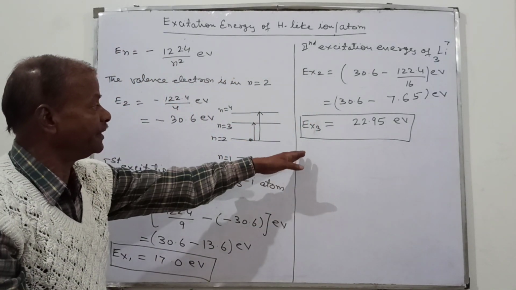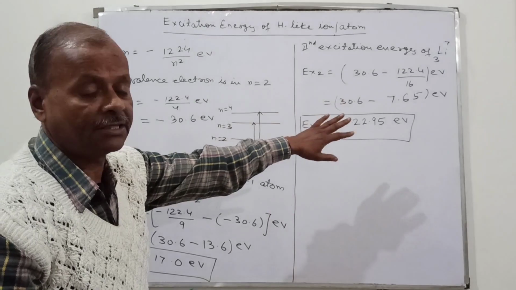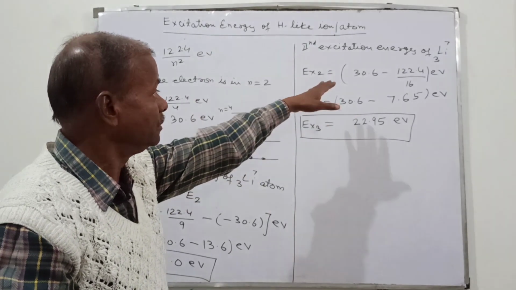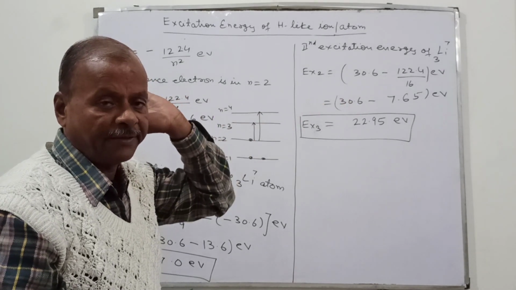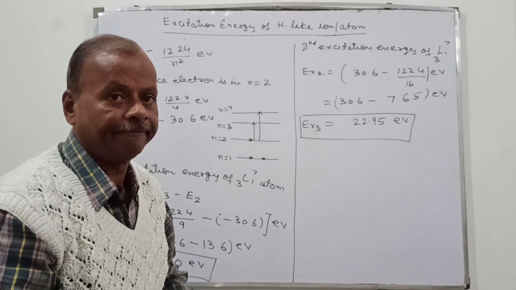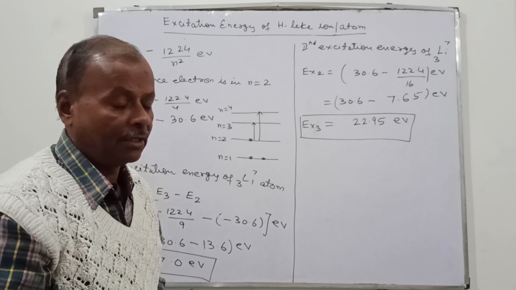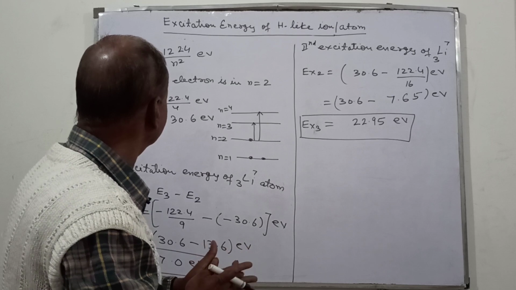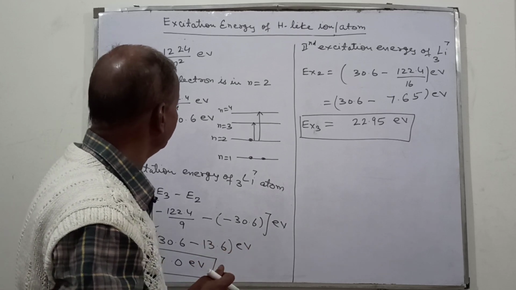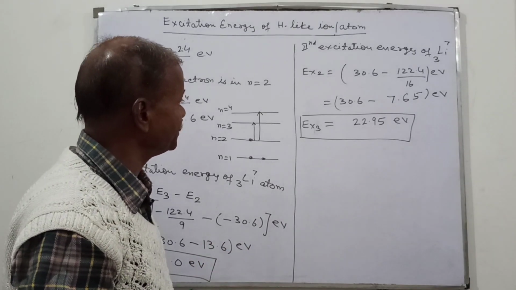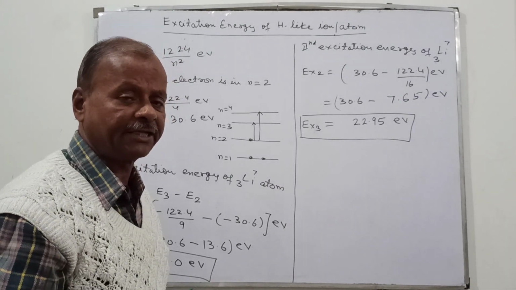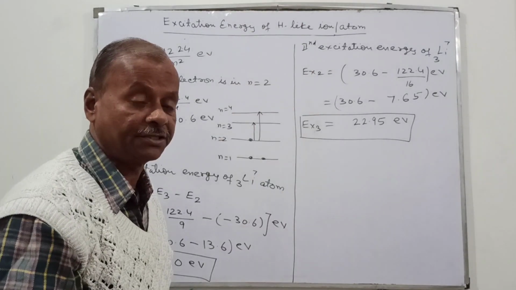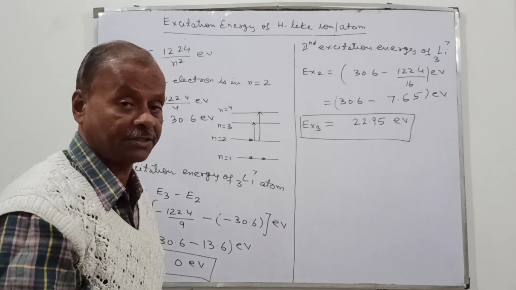So similarly, you can find the third excitation energy, fourth excitation energy, and so on. So this I have found for the lithium atom. If suppose you are given the ion, for example the potassium ion, then just you put the value of Z and then the electron will be excited to the next higher energy state from the balanced energy state.